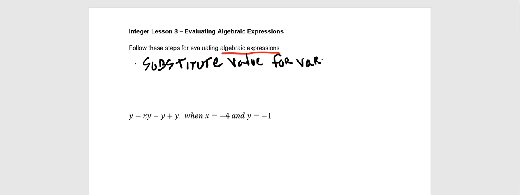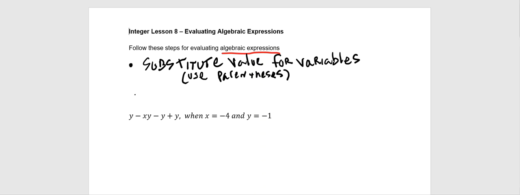So any place in that first expression, any place we see an x, we'll be substituting -4. Any place we see a y, we're going to substitute a -1. And I want to make sure that we use parentheses. I want to use parentheses to show very clearly what values we've substituted in for our variables.